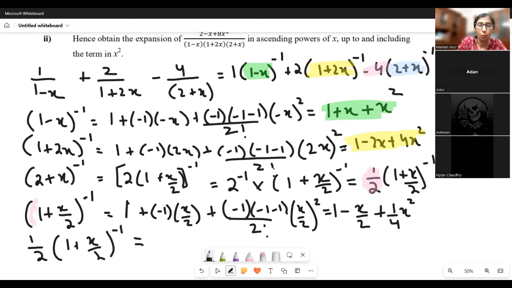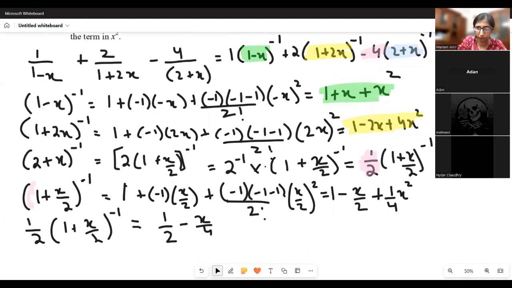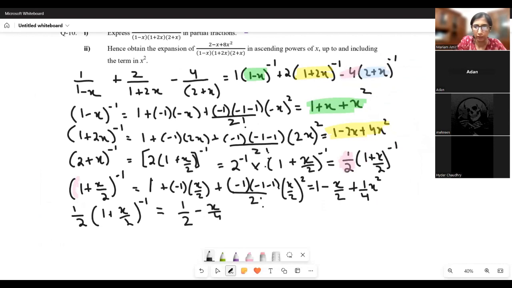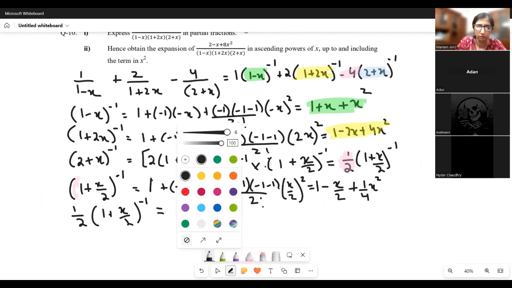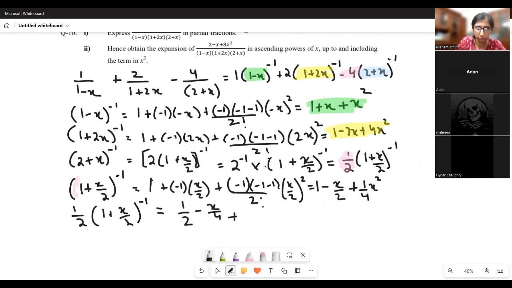That would be half minus x by 4 plus 1 by 8x squared. Now, this is the expansion of the third part.